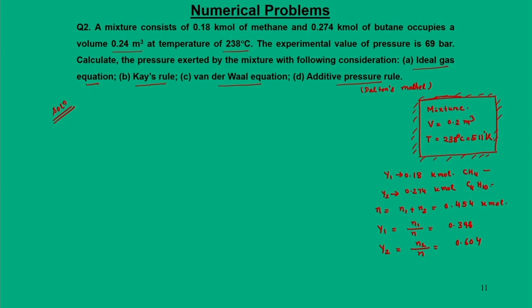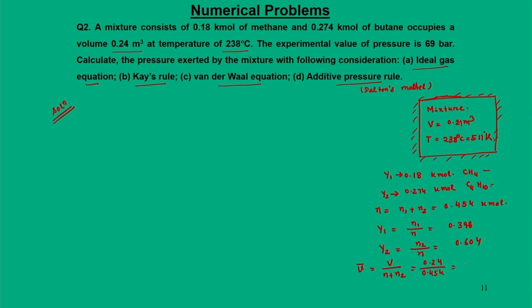Also, we know the volume, so we can find out the molar volume. V bar is equal to V by N1 plus N2. V is 0.24 meter cube, so it is 0.24 by N1 plus N2, that is 0.454.